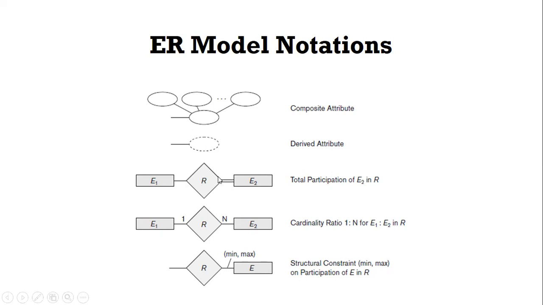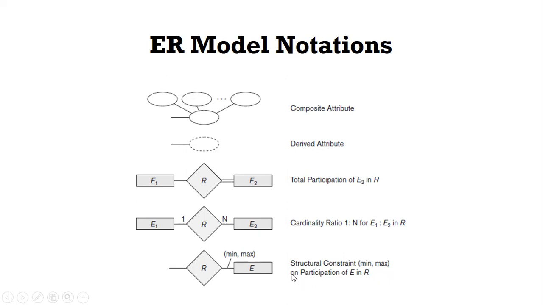The interconnection will have a double line. It specifies the total participation of E2 in R. Cardinality ratio specifies the number of entities, or how the number of entities are related to some other entity. So it speaks about the size of the entity.